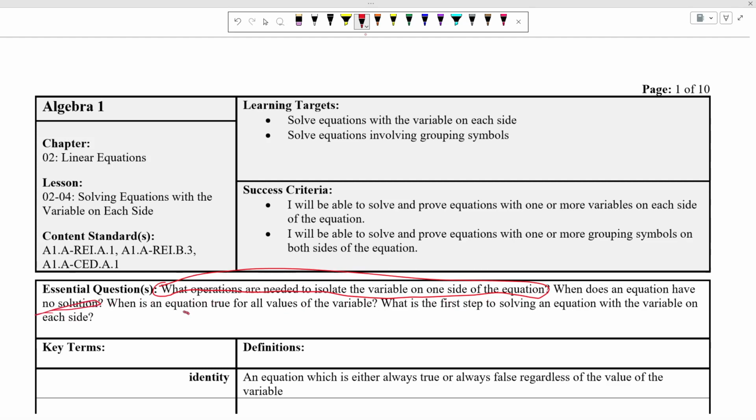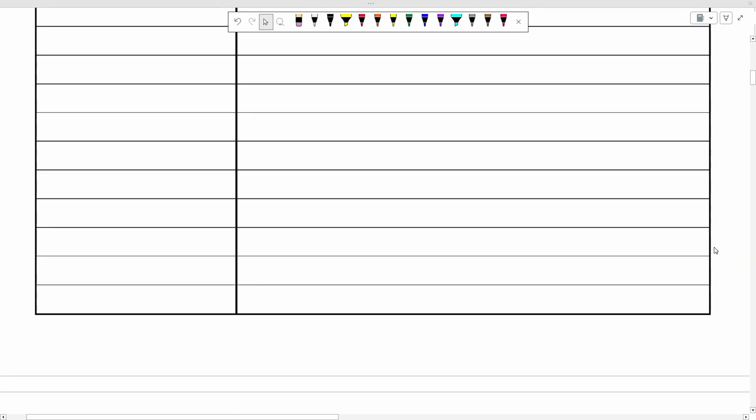When is an equation true for all values of the variable? What is the first step to solving an equation with the variable on each side? These questions are quite important, so keep them in mind, for their answers will be revealed shortly. So let us just dive right into this.